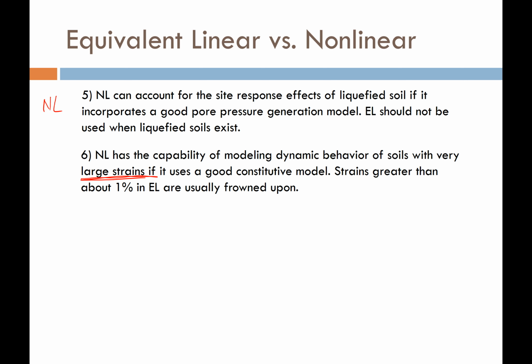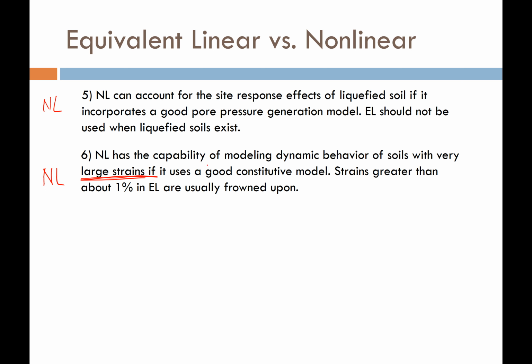There's no way that equivalent linear solution is valid or realistic. So if you can keep your shear strains below about 1% for all your soil layers, or at least most of them, then your equivalent linear is going to be pretty good. Otherwise, the nonlinear is going to be probably your better bet.